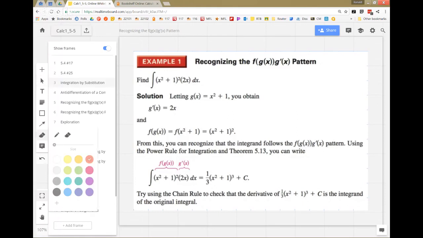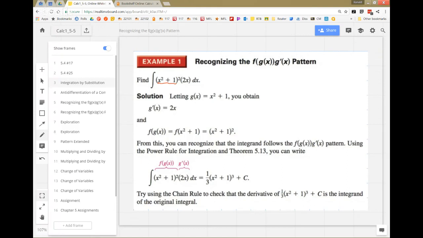So this part right here is the innermost part. Okay, now if you were differentiating x squared plus 1 squared, after you've done the power rule with the squared part, the innermost function is that x squared plus 1. You'd have to do the chain rule.